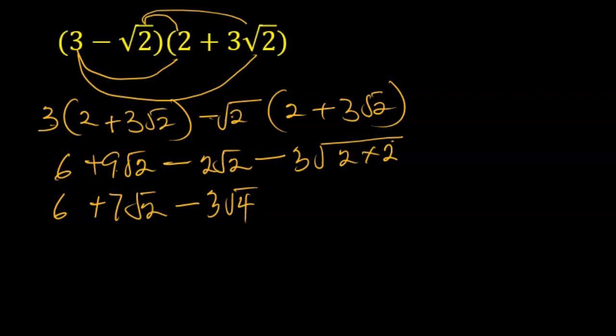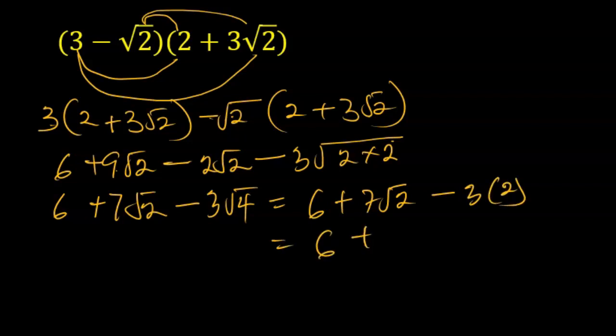Obviously, the square root of 4 is what? Is 2. So I can sum this up to become 6 plus 7 root 2 minus 3 into 2. That becomes 6 plus 7 root 2 minus 6. Plus 6 minus 6 becomes 0. So I'm left with 7 root 2.